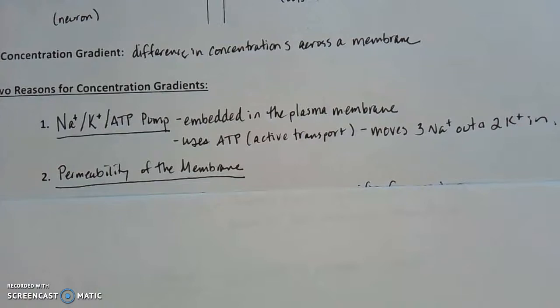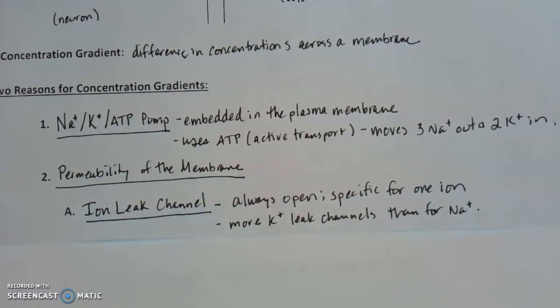But the membrane is permeable due to the presence of some channels. Remember that we could have channels that go through the membrane that allow certain things to go in and out. The first type we have is called an ion leak channel. These channels are for the most part always open.